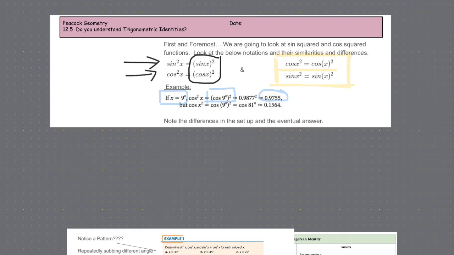If we take the cosine of x squared, what that says is take the cosine of 9 degrees squared, in essence the cosine of 81 degrees, which gives us, as you can see, a very different value. It is no longer 0.97, it's 0.15. So it's a big difference. Notice the difference in the setup and the eventual answer. This is very important for this entire lesson today.